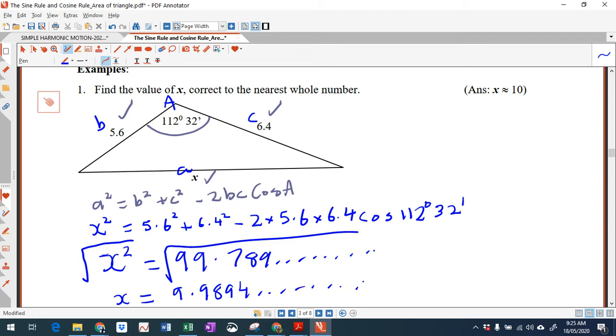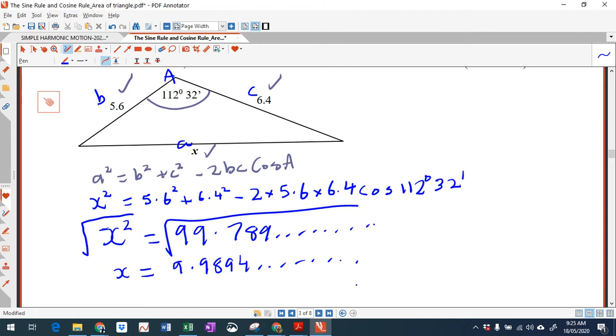Okay. Now, it does say to the nearest whole number. So then, after that, I'm going to write down my rounded answer. Okay, so x is approximately equal to 10 units in length. Okay.